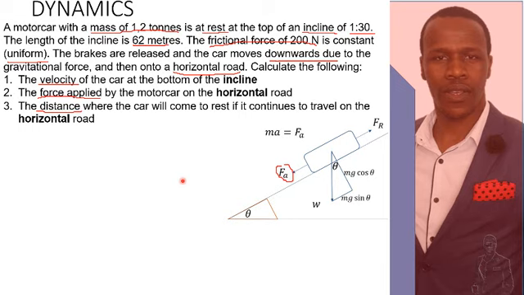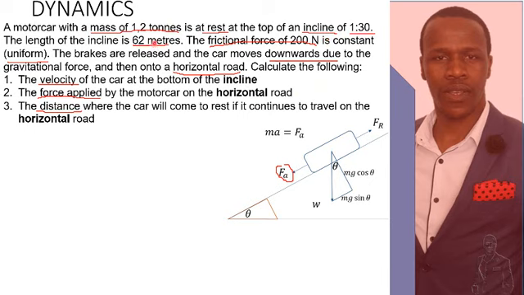Okay, so how can we find the velocity with this information? We took down the data. We know that u is equal to 0, the mass is there, sine theta is there, s is there.